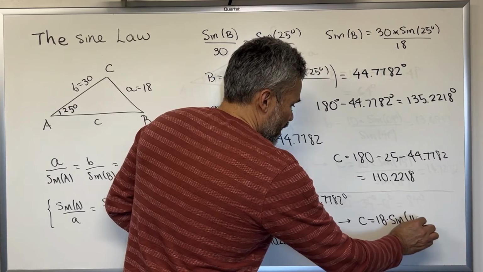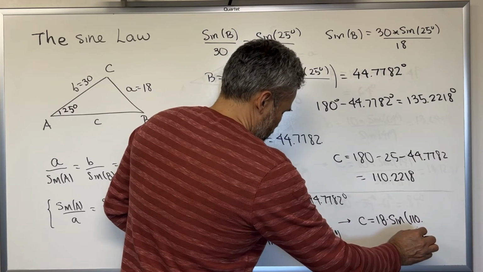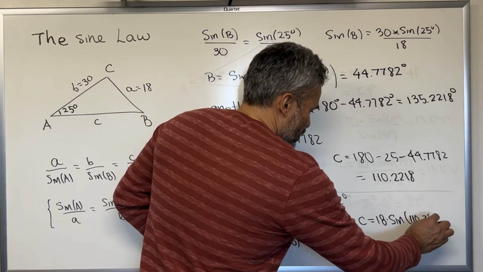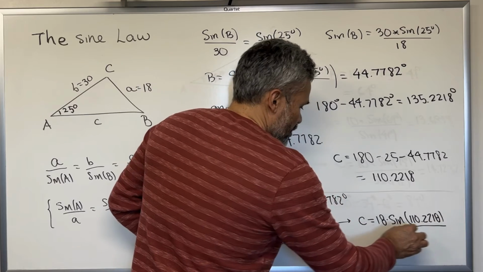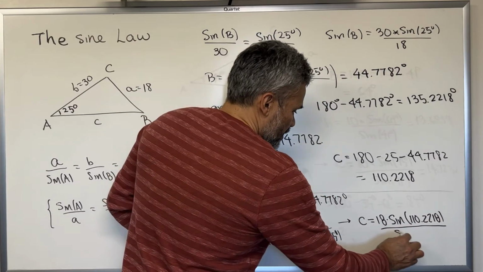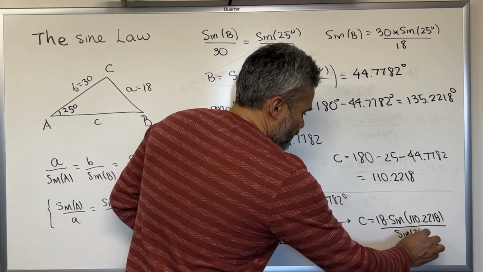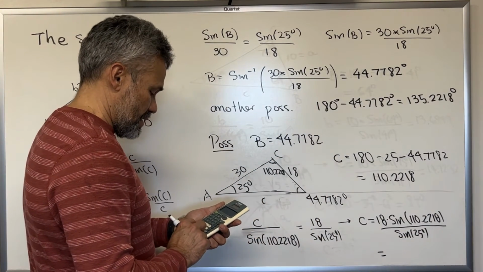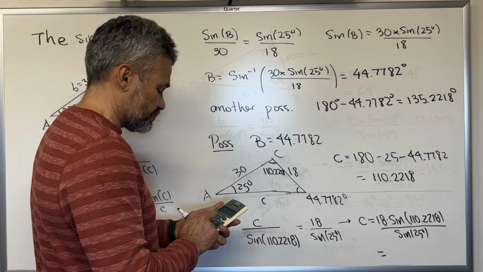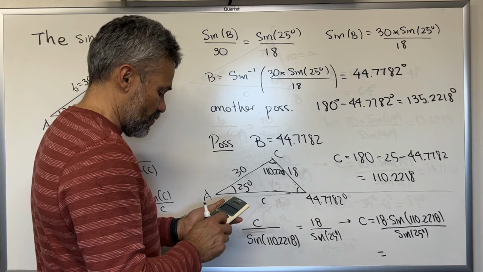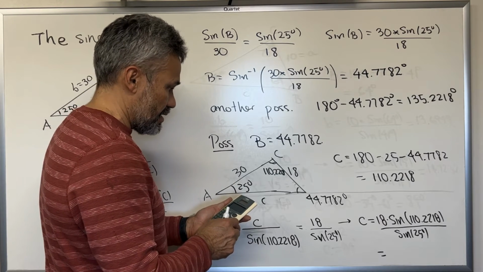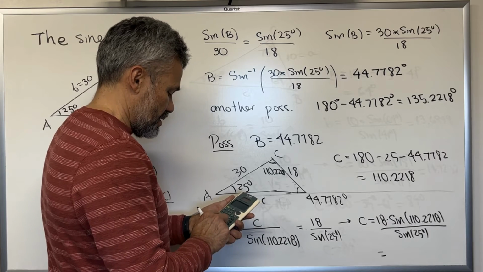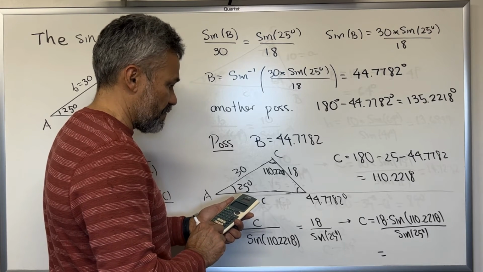From here, we get that C must be equal to 18 times sine of 110.2218 over sine of 25, and this is equal to 18 times sine of 110 divided by sine of 25.